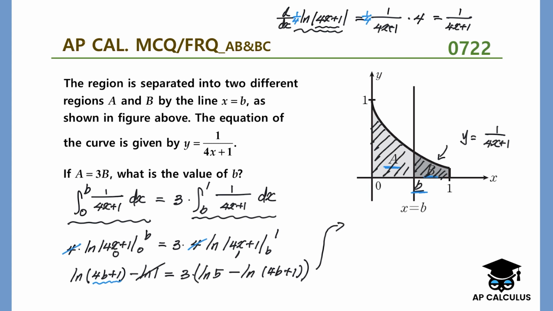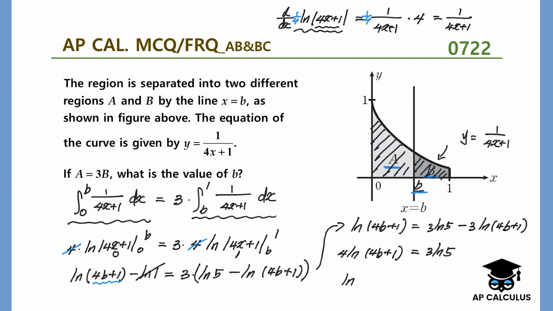So right over here, natural log of 4b plus 1 is equal to 3 natural log 5 minus 3 natural log of 4b plus 1. So if we add 3 natural log of 4b plus 1 to both sides, that's going to be 4 times natural log of 4b plus 1 is equal to 3 natural log 5, right?